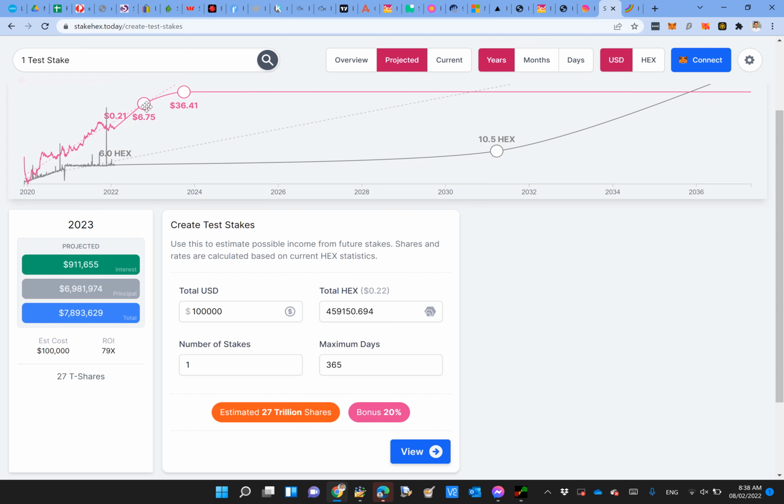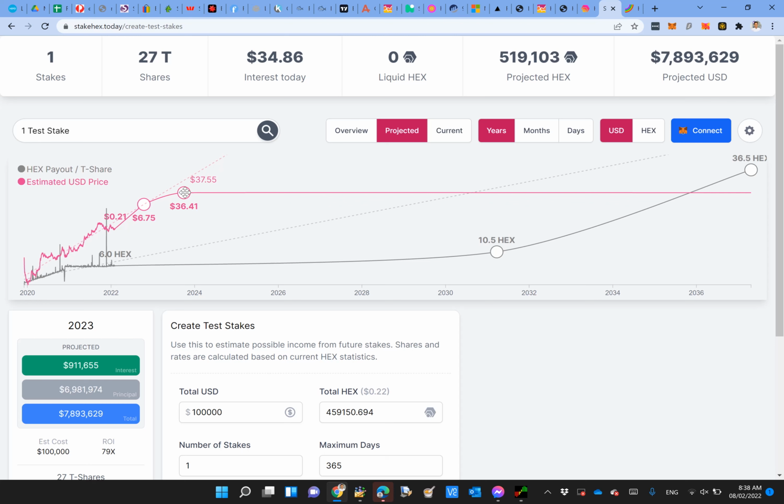With this one you can actually change it, but it assumes the price will start to plateau, and the T-share pay rate is also increasing, which will happen. You can move this up and down as well, and you can change your pay rate in HEX or USD.